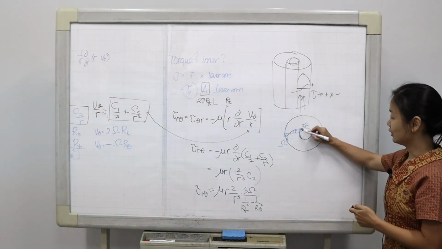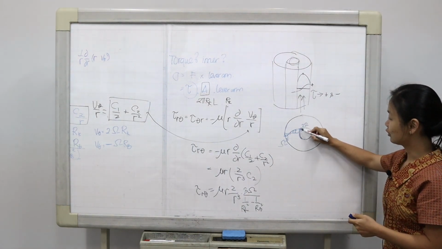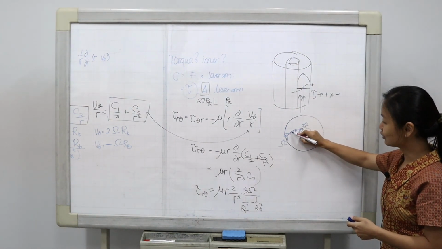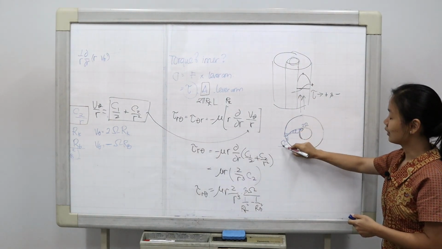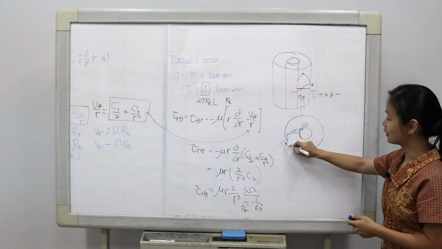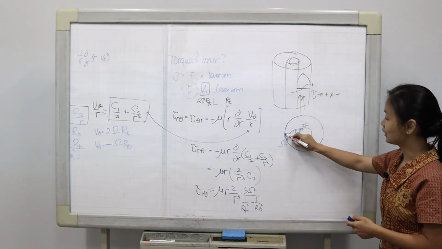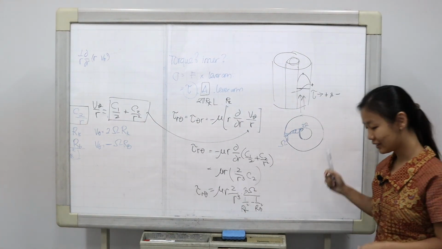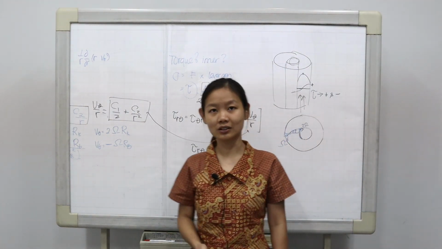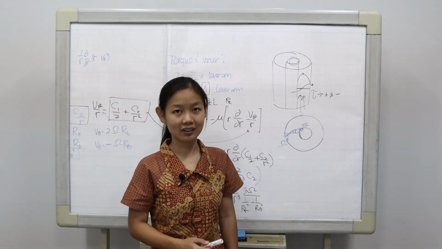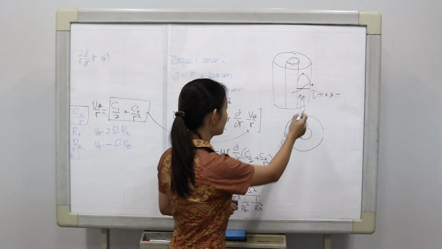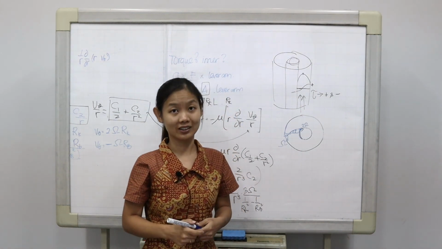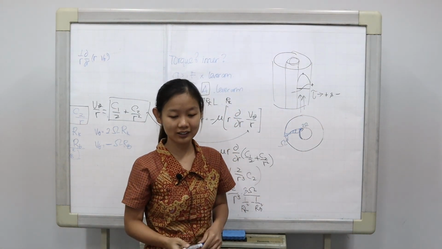The velocity is 2 omega rk here, and reduces until the velocity over here is omega rb, but in the opposite direction. In this case you will also need to check whether the tau at the inner cylinder is positive or negative. How to check that?